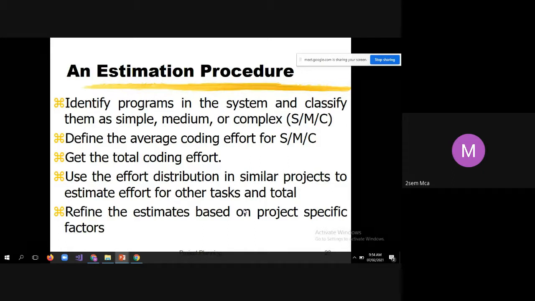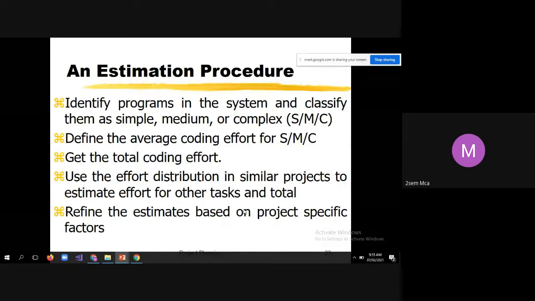Use the effort distribution in similar projects to estimate effort for other tasks and the total. Whenever they estimate the effort, they have to use the knowledge from previous projects to estimate the effort for the current project. Then refine the estimates based on project specific factors.